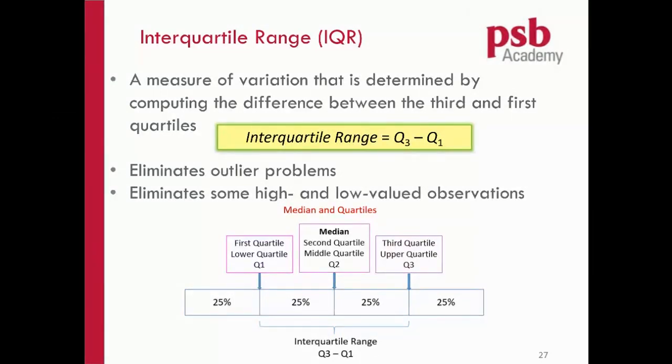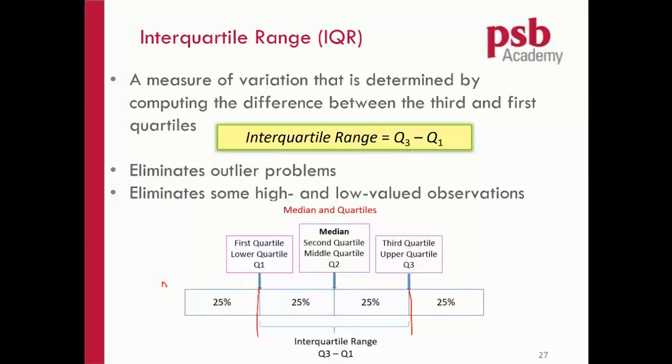We are going to consider something called the interquartile range. It is also a range, but this range only concerns Q3 and Q1. That range is called the interquartile range.